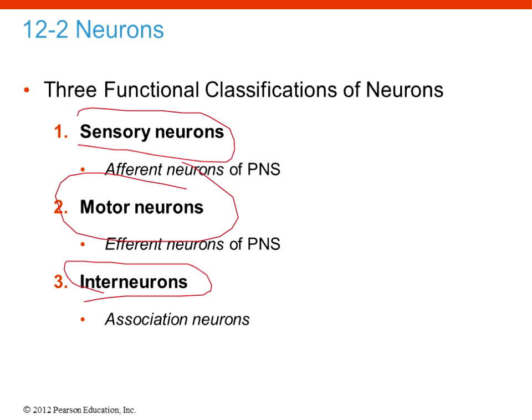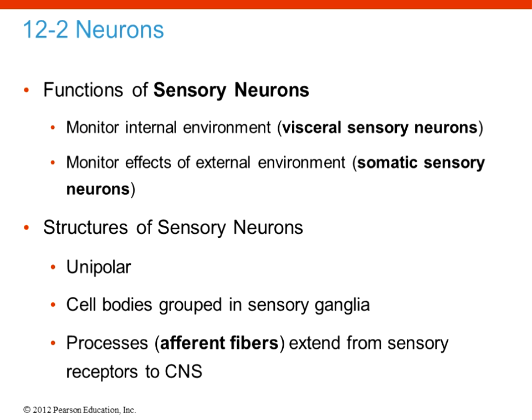Interneurons are association neurons that stay within the central nervous system and communicate and conduct messages to other neurons within the central nervous system. So they're not coming or going, so to speak. They're just staying within and maybe amplifying a signal or communicating a message, making a reflex more complex. That is what interneurons are responsible for doing.